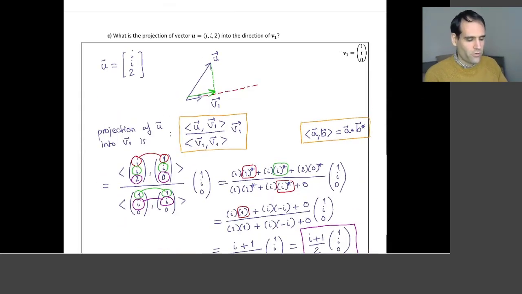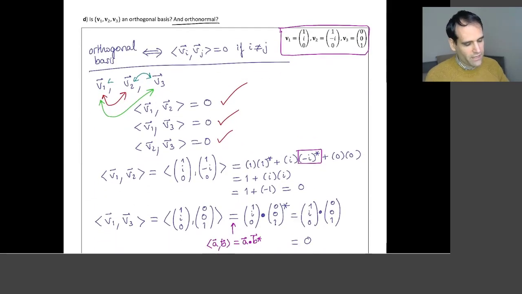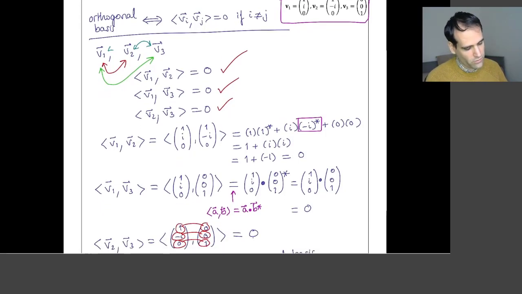Then we talked about projection of a vector into a subspace, and for that we used this formula here. Then we talked about checking whether a basis is orthogonal or whether it is orthonormal, and you saw it was very easy.